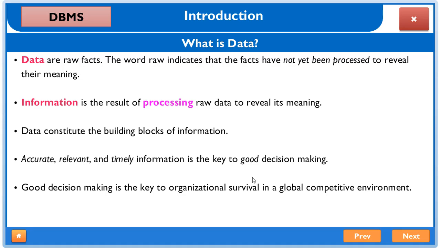So, data are raw facts which are processed to get information. Information is required by an organization to take good decisions, and that good decision helps the organization in its survival in a competitive world.